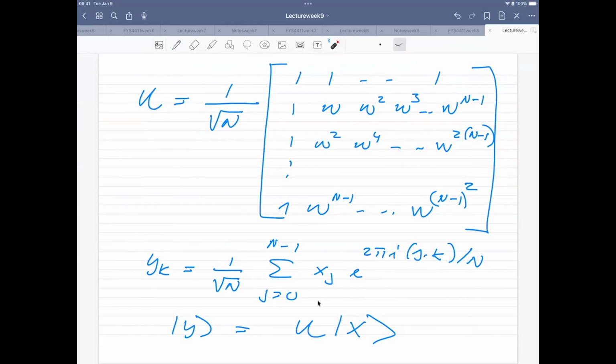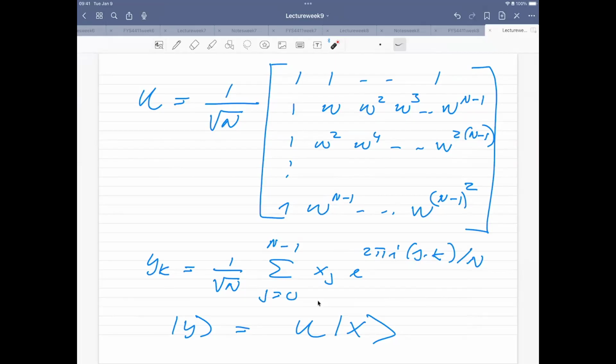So this is nothing but us setting up the expression for the transformation y in terms of the given components y_k, which then relate to the original basis x. So the discrete Fourier transform gives us a way to transform a basis to a new basis. And we could rewrite this in terms of a matrix times a vector, or we could implement this in terms of a fast Fourier transform.